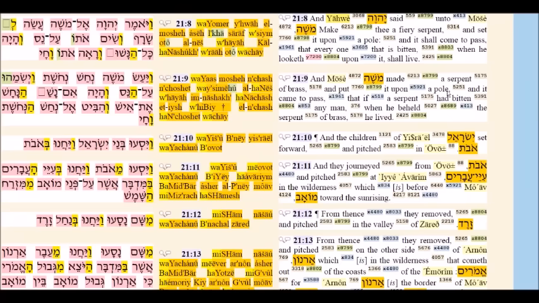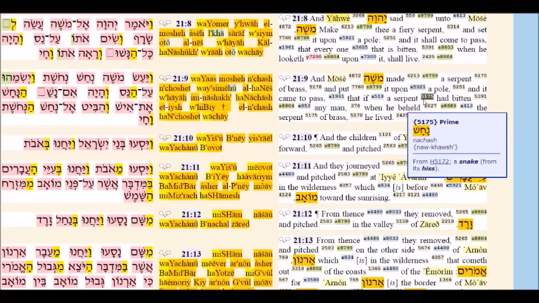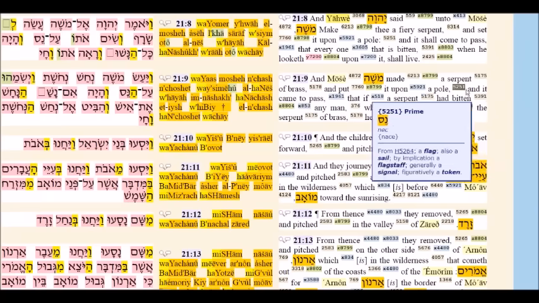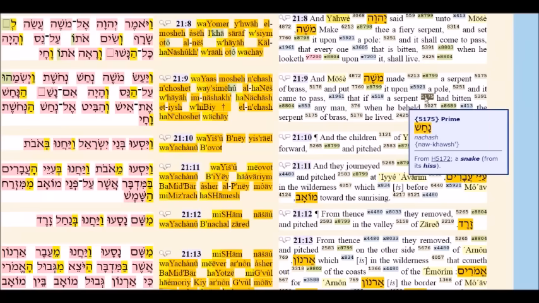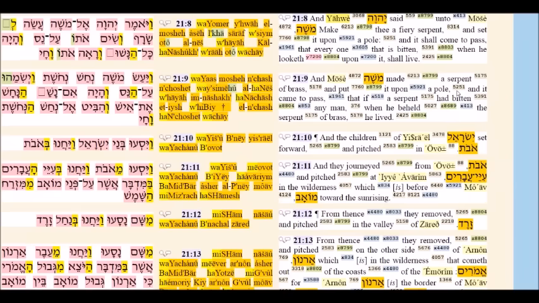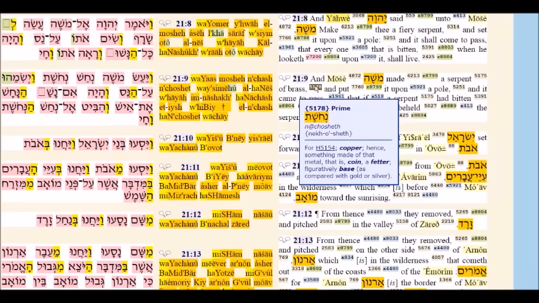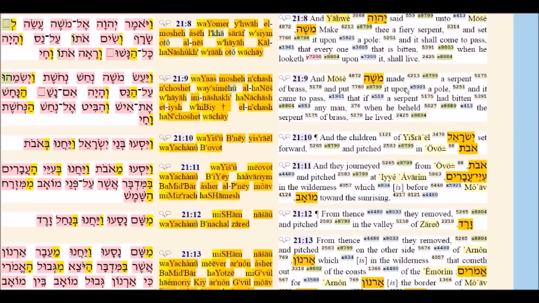Well, this is what we found. The word for serpent, nakash, is almost the same word for bronze. This is shocking. And when you look at bronze or brass, that word is nakosheth. So we have nakosheth and nakash.